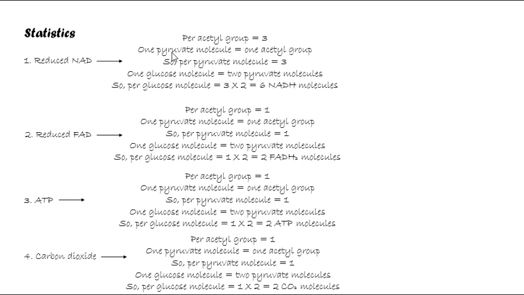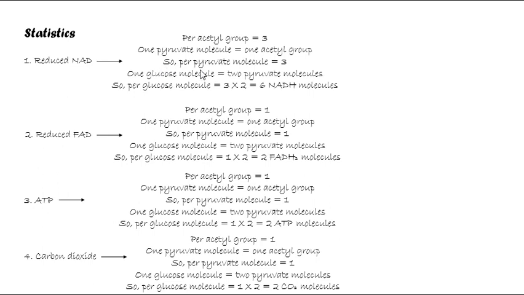Using your knowledge from glycolysis, you should know that one 6-carbon glucose molecule gives rise to 2 3-carbon pyruvate molecules. One glucose molecule gives rise to 2 pyruvate molecules. So whatever the amount is that is produced per pyruvate molecule should be multiplied by 2 in order to calculate the quantity produced per glucose molecule.